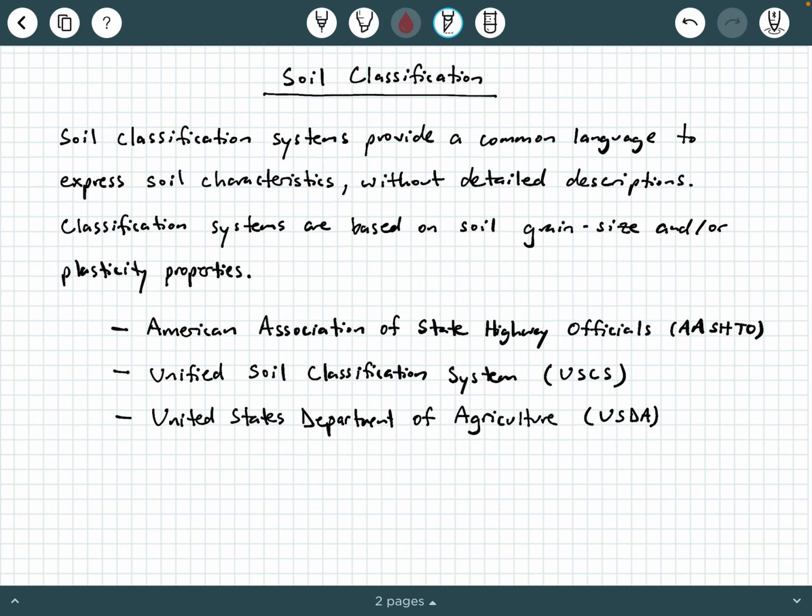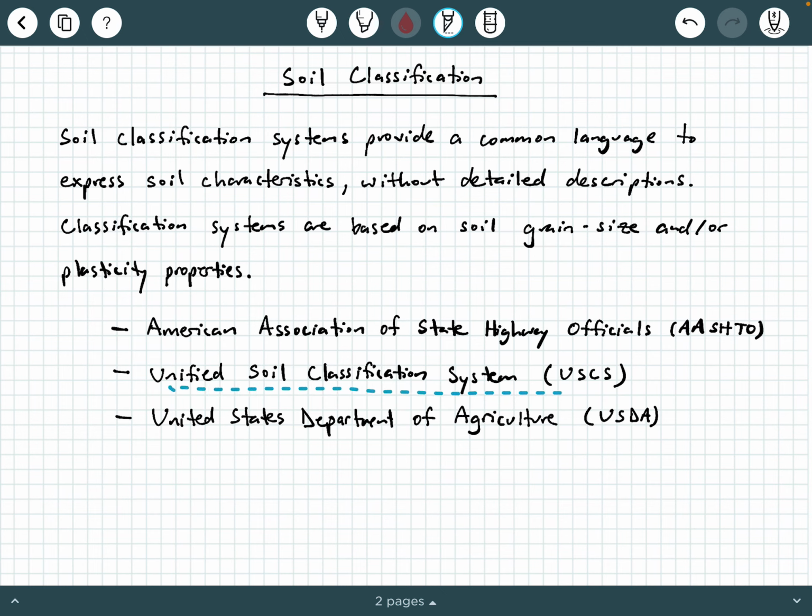So one common soil classification system is from the American Association of State Highway Officials, or AASHTO. If you're classifying a soil that deals with a roadway design, you're more than likely going to be using the AASHTO classification system, okay? Now, a second very common system is called the Unified Soil Classification System, or USCS.